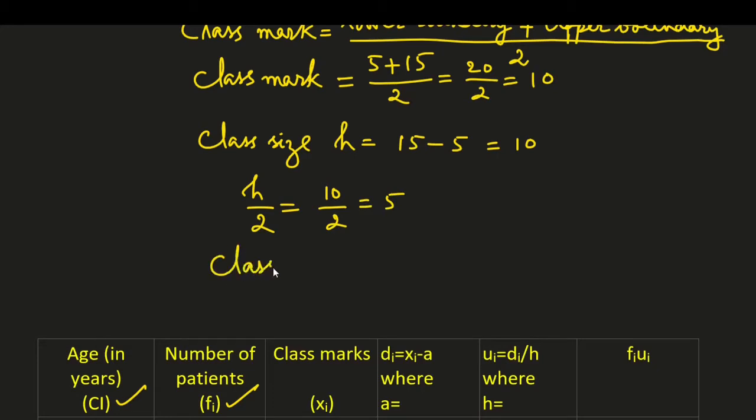Then class mark is given by lower boundary plus half of class size. Here lower boundary is 5 plus half of class size h by 2 is 5. 5 plus 5 is 10. So in this way also we can find the class mark easily. Just add half of the class size to the lower boundary.